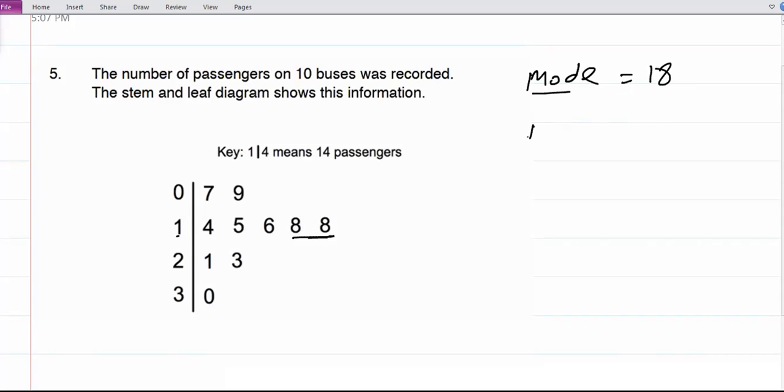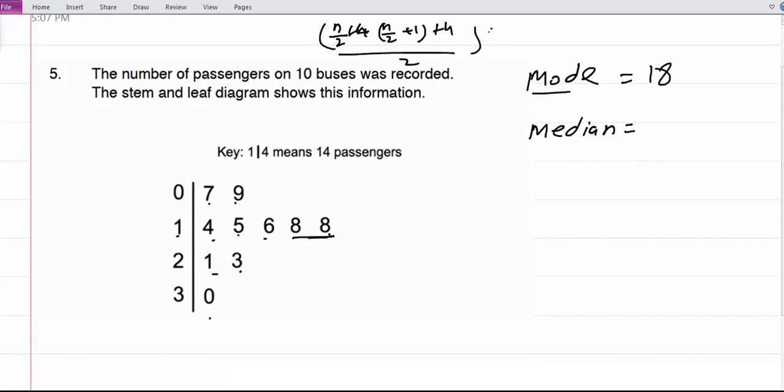Then median. Let's suppose you are asked to find the median. The total number of values is 10. You can count 1, 2, 3, 4, 5, 6, 7, 8, 9, and 10. So the median, as it is an even number of values, we use the formula: the (n over 2)th value plus the (n over 2 plus 1)th value, divided by 2. n over 2 is 5, so the 5th value, plus n over 2 plus 1, which becomes the 6th value because the total is 10, divided by 2.